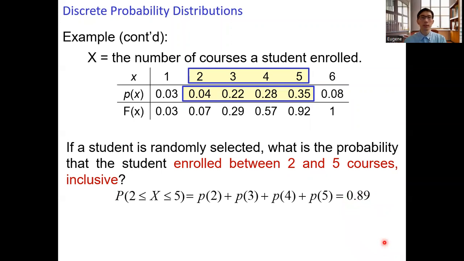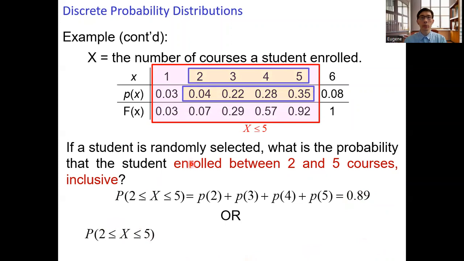Let's use the value of the CDF. The probability when X is between 2 and 5 inclusive. So we will consider the event X less than or equal to 5. This corresponds to the values X equals 1, 2, 3, 4, and 5.